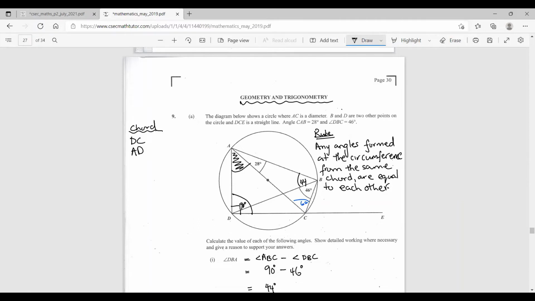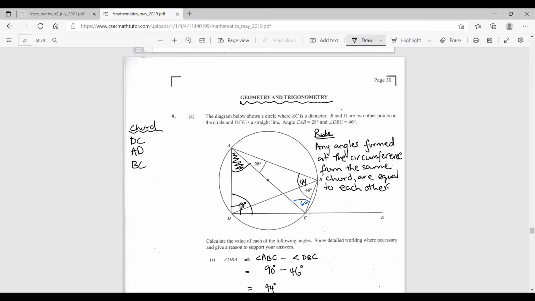A chord goes from circumference to circumference without passing through the center of the circle. You should have those notes already, because we did that when we were doing measurements. So AD is another chord. What's another chord? BC. BC is a chord.